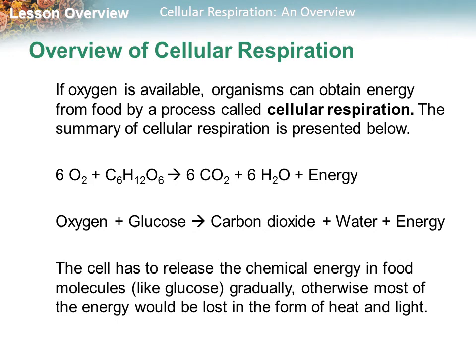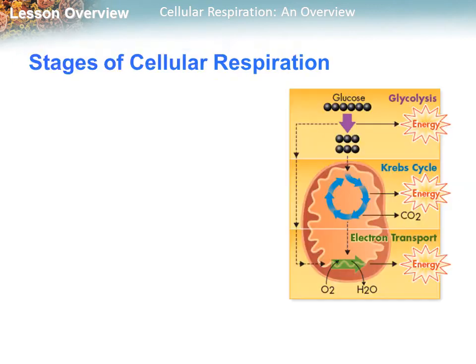The cell has to release the chemical energy in food molecules like glucose gradually, otherwise most of the energy would be lost in the form of heat and light. Let's see the stages of cellular respiration.